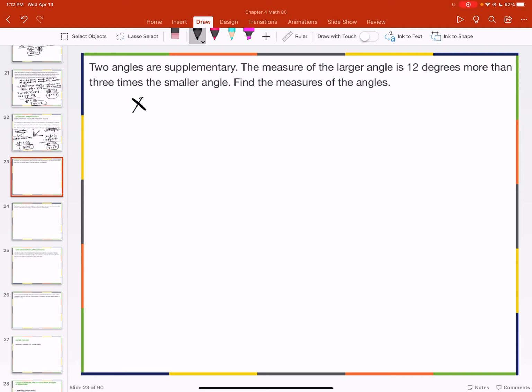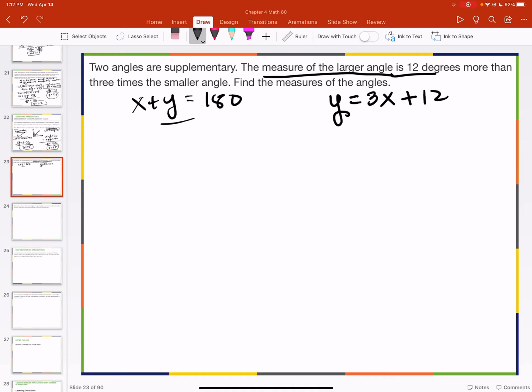That means that x plus y is equal to 180. The measure of the larger angle, let's just let y be the larger angle, is 12 degrees more than 3 times the smaller, and the smaller angle is just x. So now we want to find the measures of the angles.